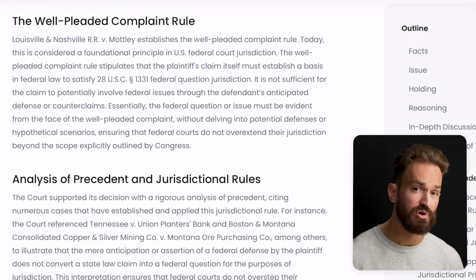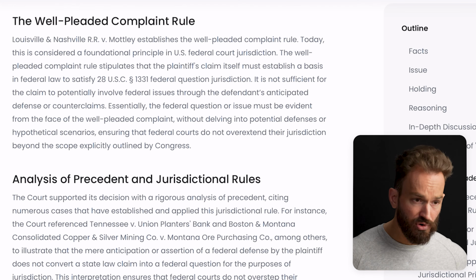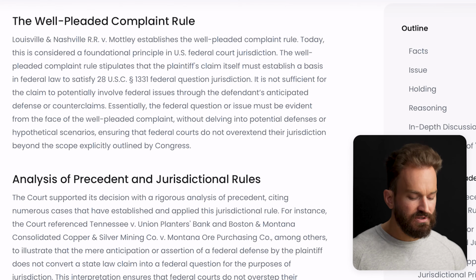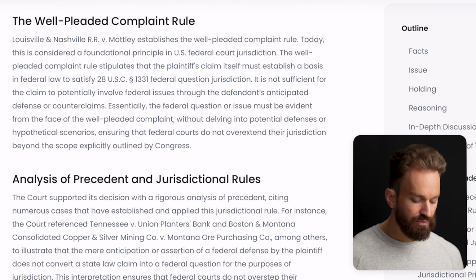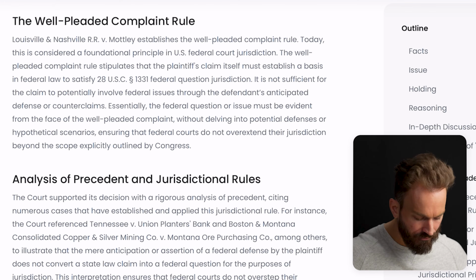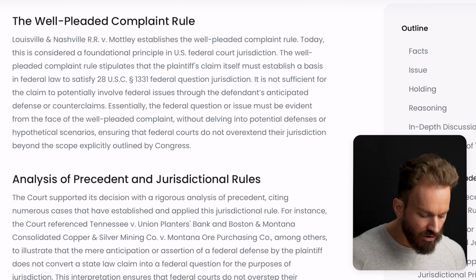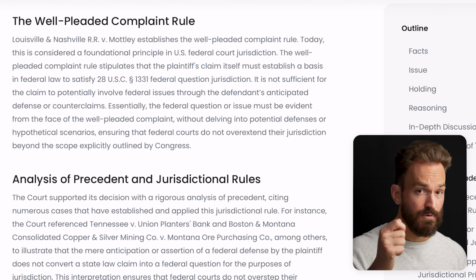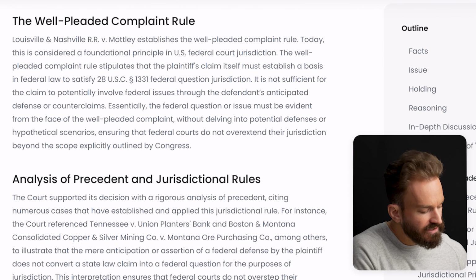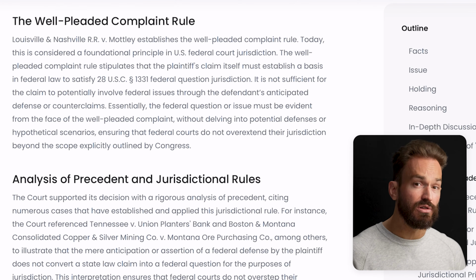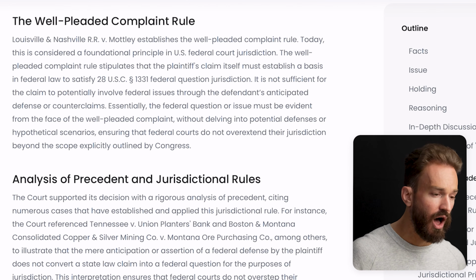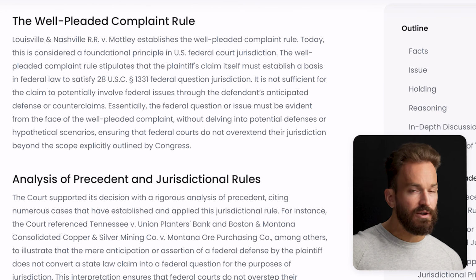Basically, the United States Supreme Court here, and in the jurisprudence that follows this case, what's basically being said is we really need to just look within the four corners of the plaintiff's complaint itself. We need to look within the corners of that complaint and decide, has the plaintiff here alleged a claim that arises under federal law? We don't care what the defendant is doing.